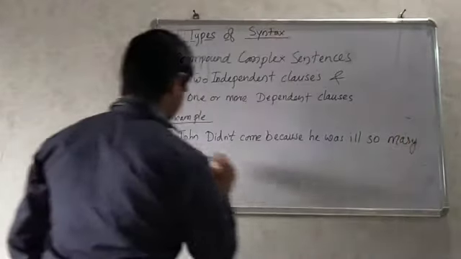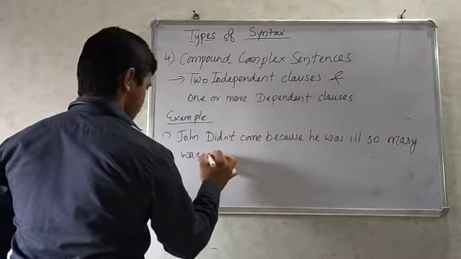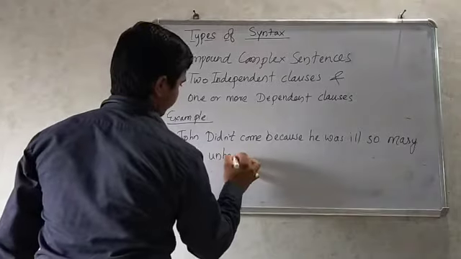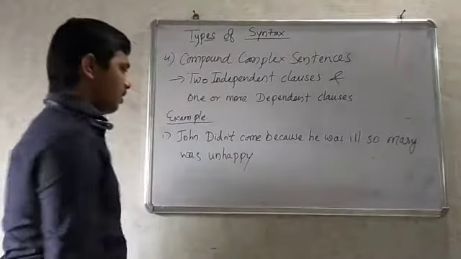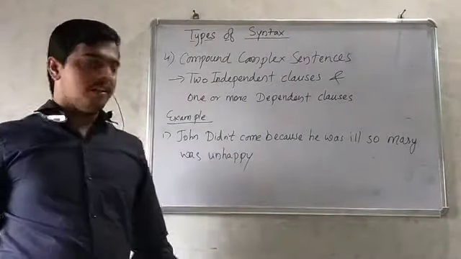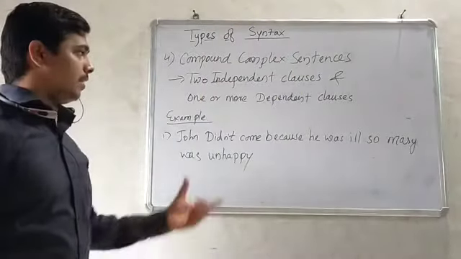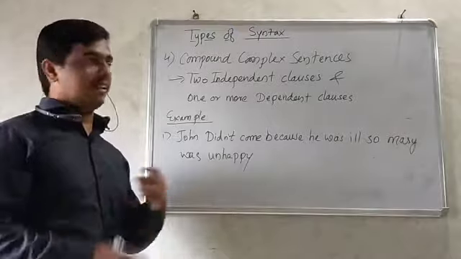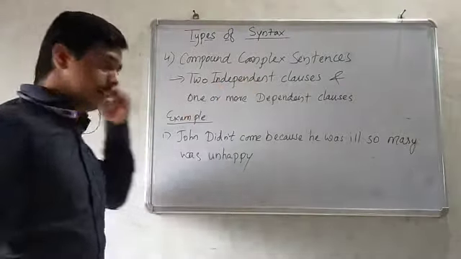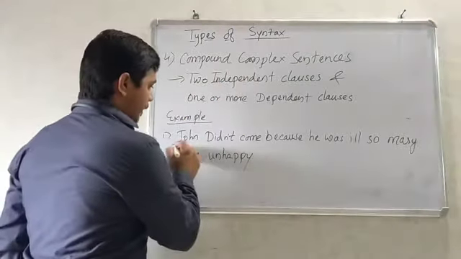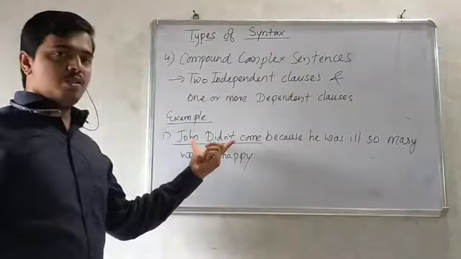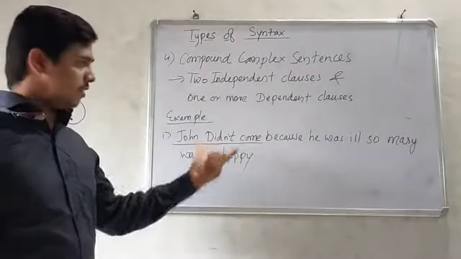Mary was unhappy. So this is the example of compound complex sentences. Now let us see whether this sentence is as per the definition. John did not come, this is the first independent clause.